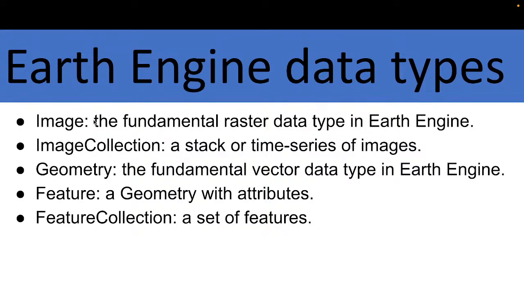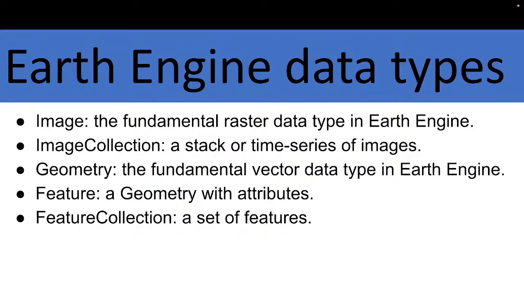Image collection is another data type, a stack or time series of images. Geometry is the fundamental vector data type in Earth Engine. Feature is another data type, a geometry with attributes. Suppose I have a point, and to this point I also add some information.